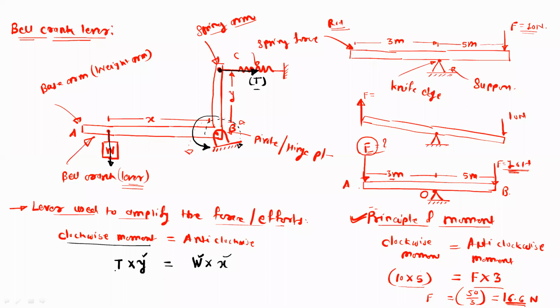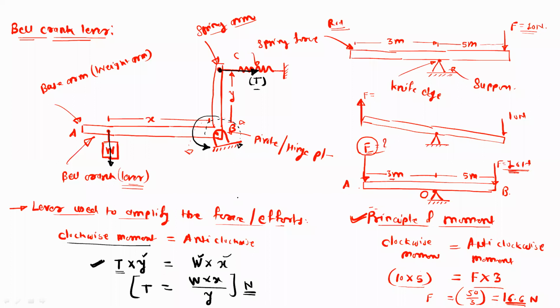We have to find out the tension T by using the experiment and by using this theoretical calculation. So this is your theoretical calculation. T is equal to W into X divided by distance Y. This value is in Newton.